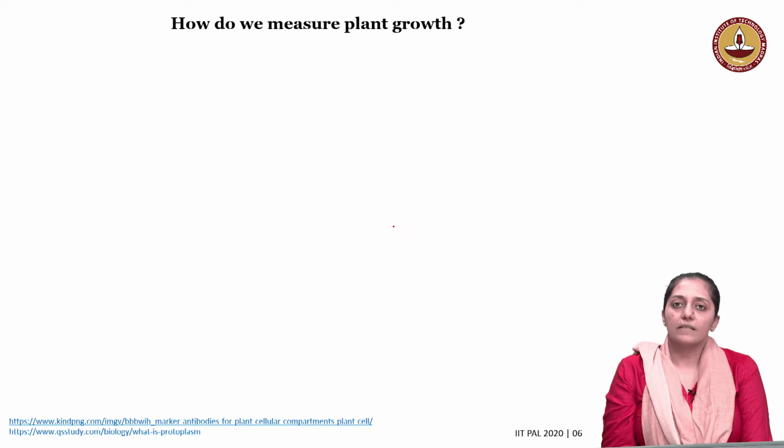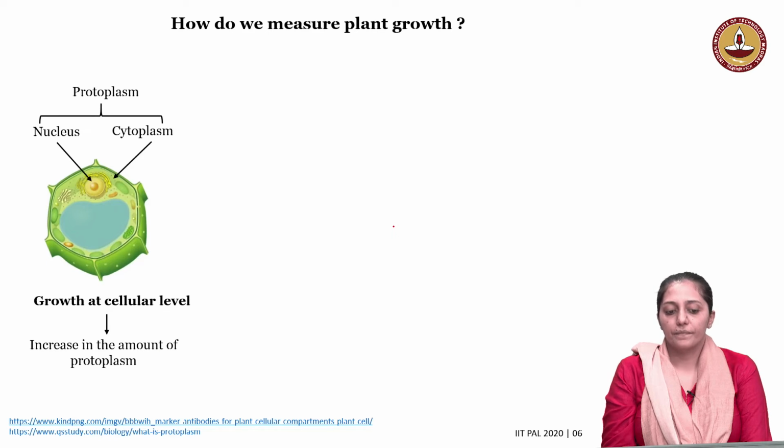Now, the question arises, how do we measure plant growth? At a cellular level, you can see there is nucleus and cytoplasm, which combined is called protoplasm. When there is growth happening, there is an increase in the amount of protoplasm.